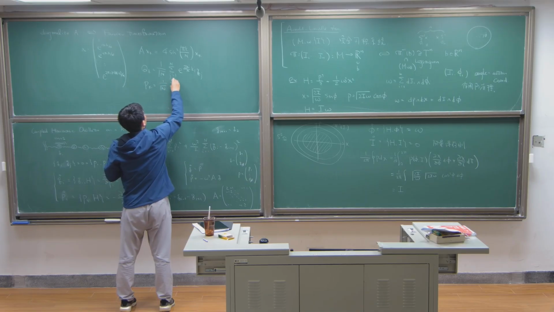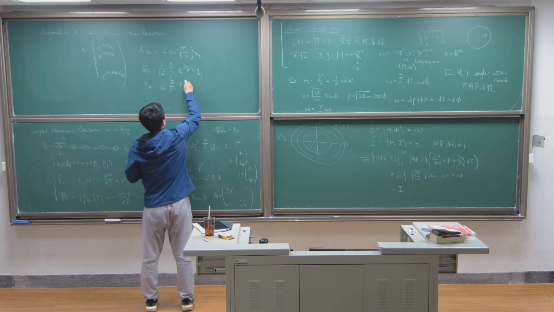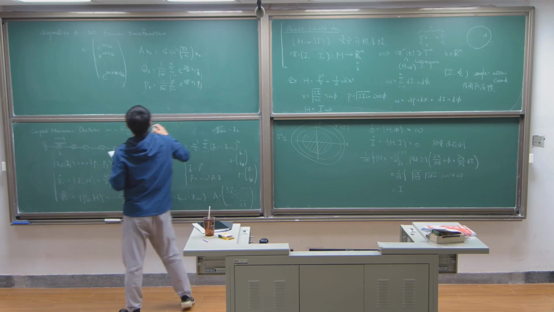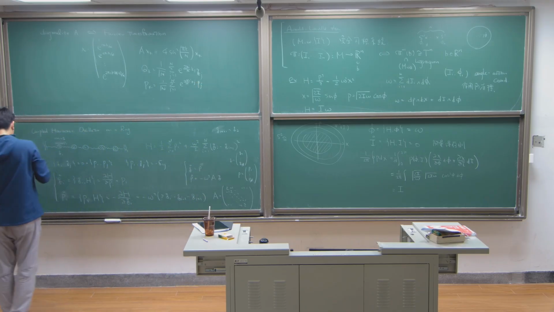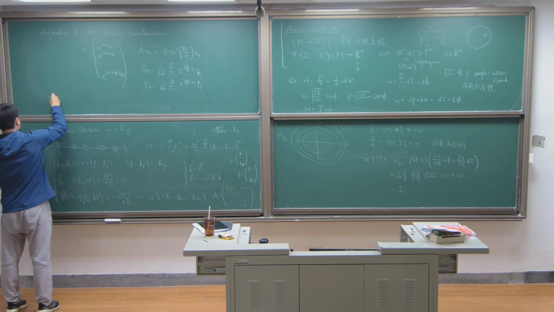So we do such a transformation, and then you can easily write down the Hamiltonian as follows.